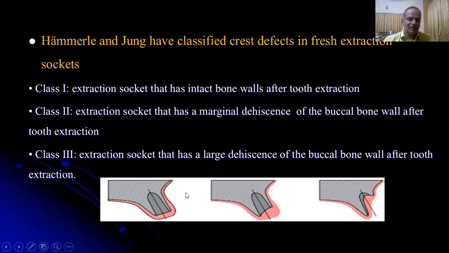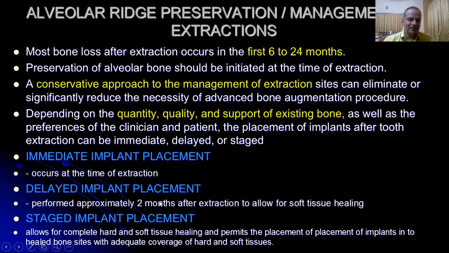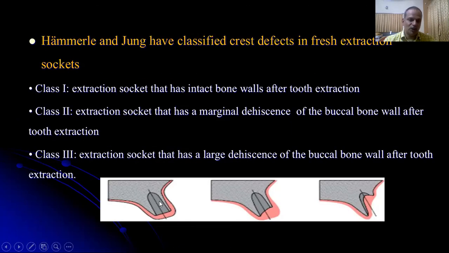So whenever the implant has to be placed immediately after extraction, there are a few requirements. The primary requirement for immediate implant placement is the presence of bone apical to the socket. That is, at least 3 millimeters of bone should be present apical to the socket, and the bony walls of the socket should be intact.